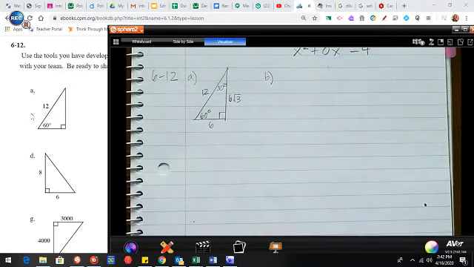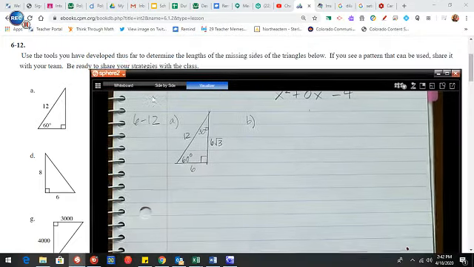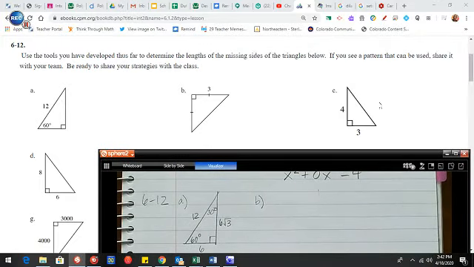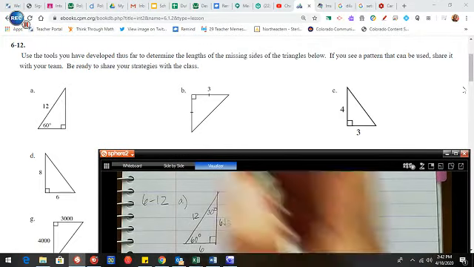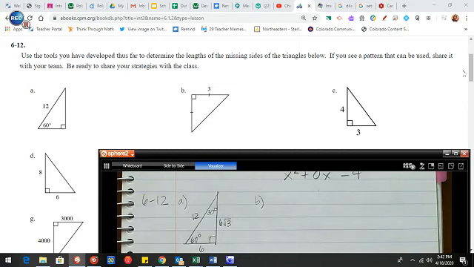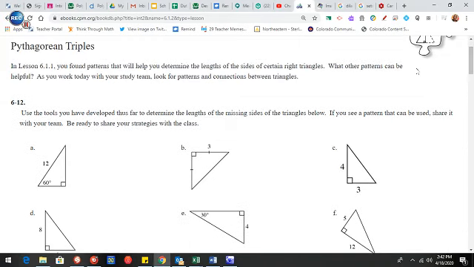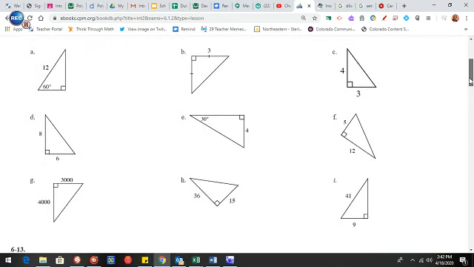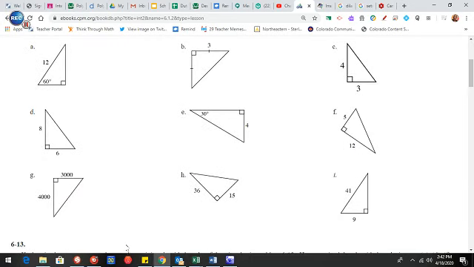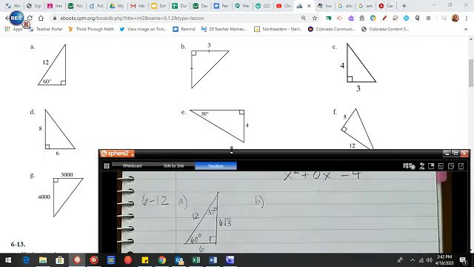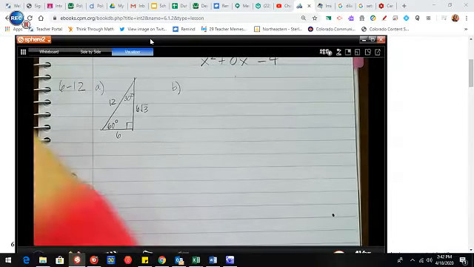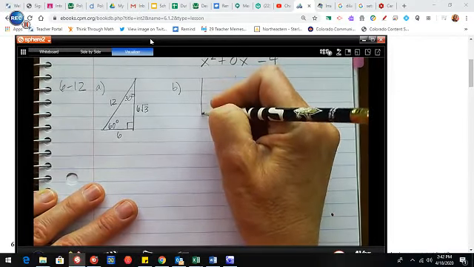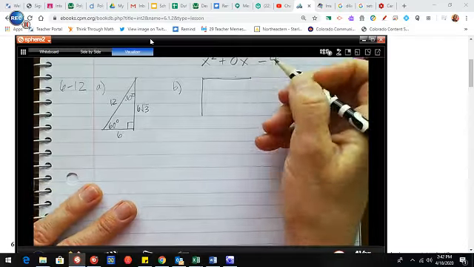Part B, we have a 45, 45, 90 triangle, and we have that a leg is 3. Okay, so let's draw that triangle.